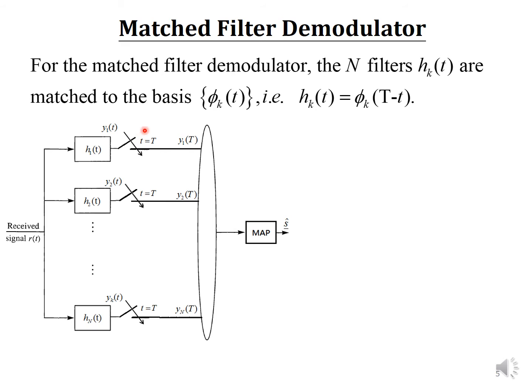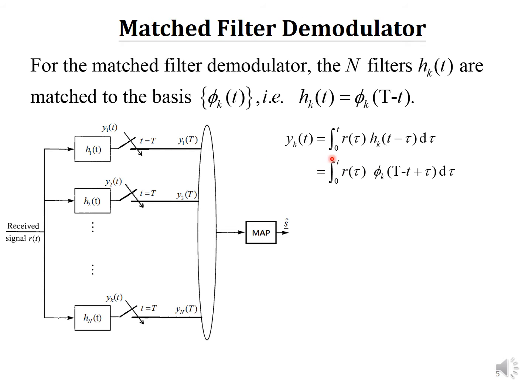Remember when we take a sample at t equal to capital T, we will have the maximum value at the matched filter output.